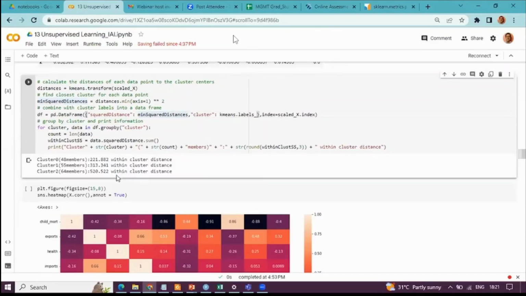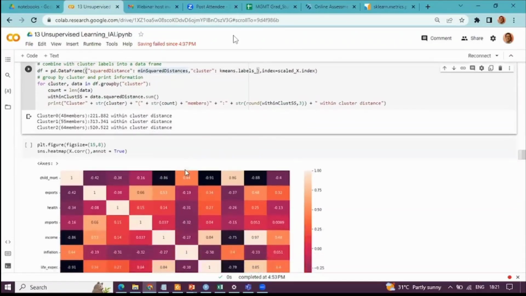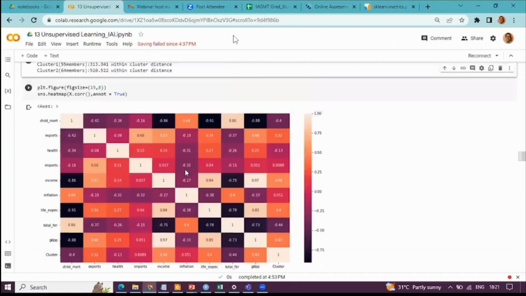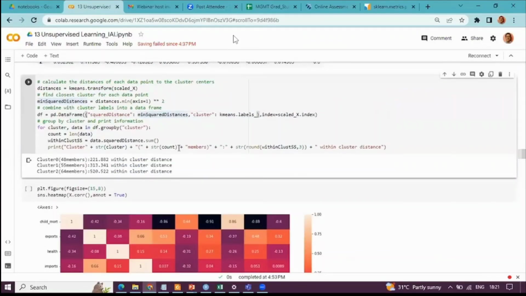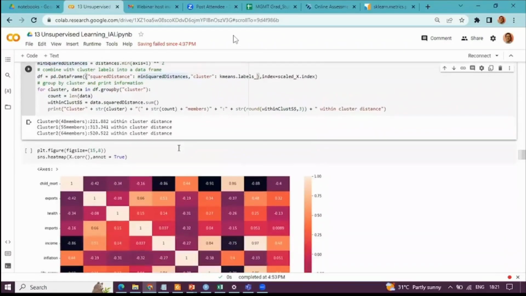So if I am going with a 3 cluster solution, I can look at cluster 0, how many observations are there, and what is the within the cluster sum of squares. Cluster 1, cluster 2. So based on that, I can find out how many observations are there, and what is the typical distance within each of the clusters.